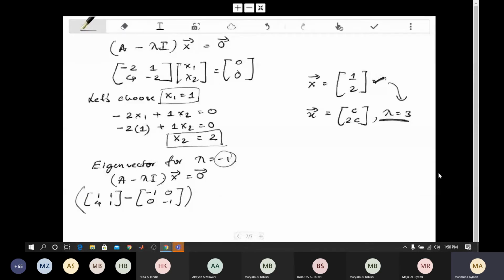So this matrix times the vector x1, x2 is equal to 0, 0. So now here you will get 2, 1, 4, 2 times x1, x2 is equal to 0, 0.